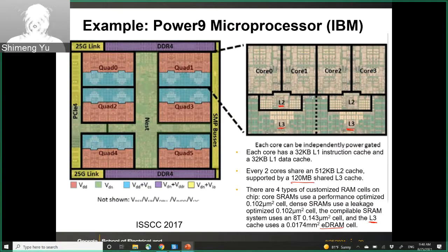So eDRAM has higher density than the SRAM, but the eDRAM will be a little bit slower than the SRAM. So in this big chip, to hold more data, IBM decided to use the eDRAM as L3 cache. So that's why you can have 120 megabytes of L3 cache. This is much larger than the typical 8 megabyte or 16 megabyte L3 cache in other processors, for example, made by Intel or AMD.